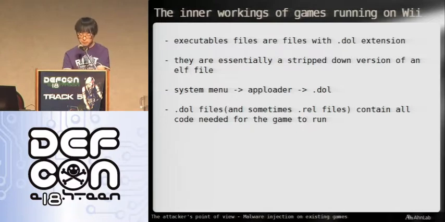So when you actually play the game, the execution goes from the system menu, the first screen where you see a lot of selection boxes, and to the app loader, which does all the initialization stuff, and finally to the actual game. And like I said, the .dol file contains all the code needed for the game to run. So that file must be the most interesting one for our purposes.